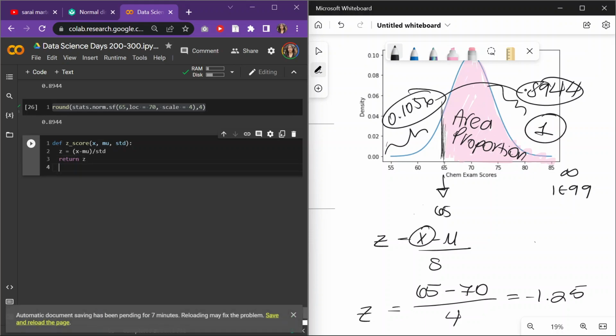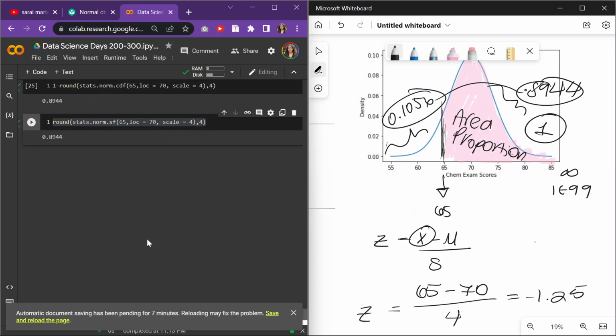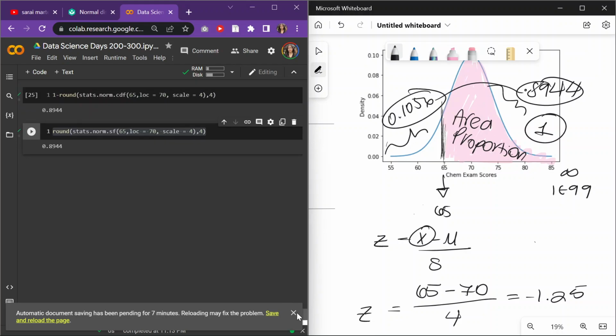So if I call my function z-score and I put in my mean, which is, what happened? Oh my god.